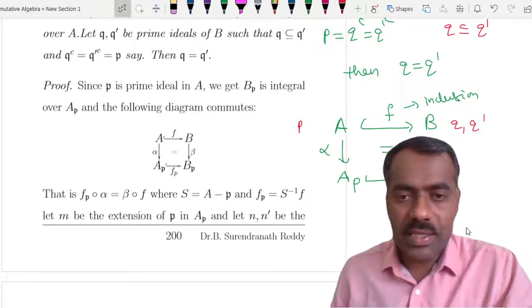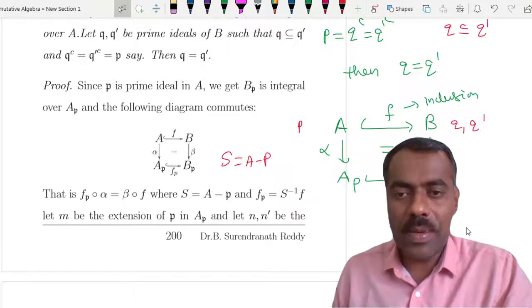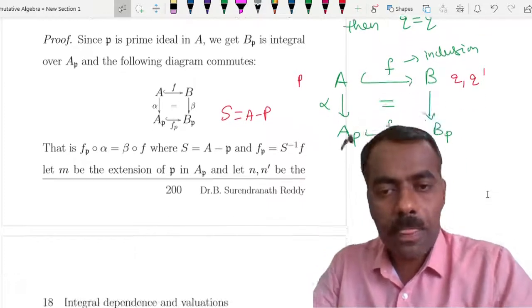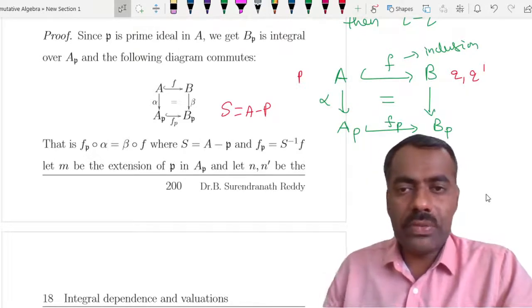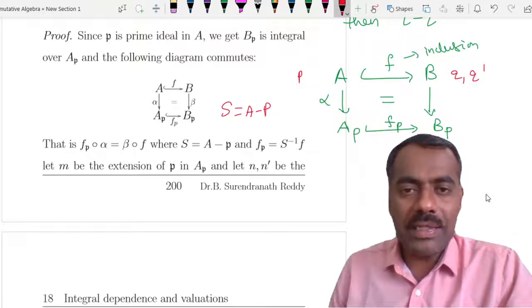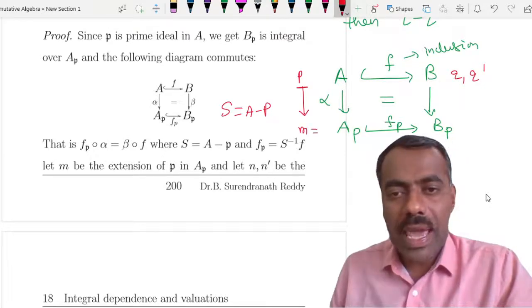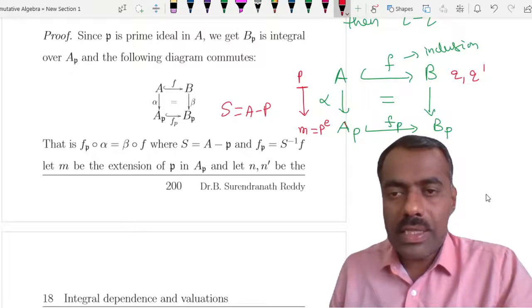The idea is, remember here our S is A minus P, and A_P is a local ring with one unique maximal ideal. And this F_P is S inverse of F, a map. Now P is a prime ideal here, and you consider its extension, which you call M, the extension of P. Remember A_P has a unique maximal ideal.